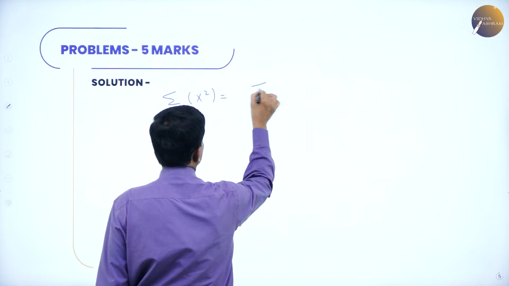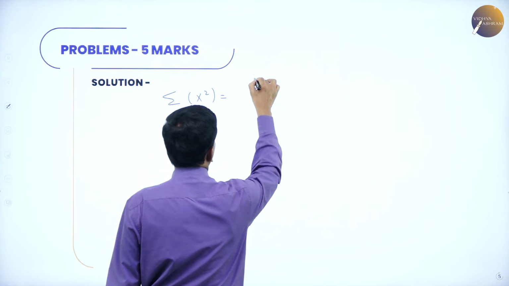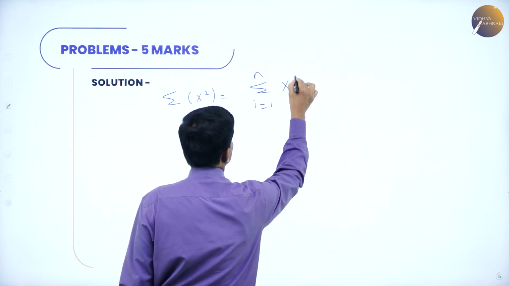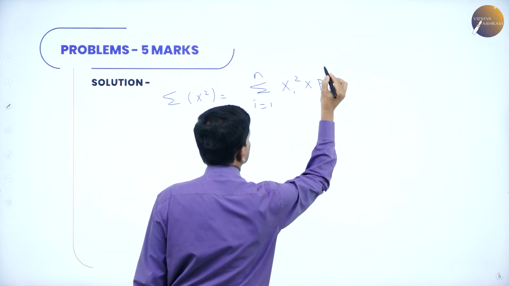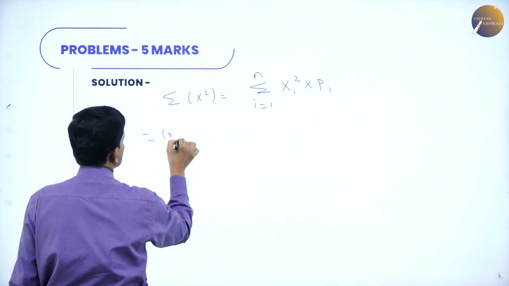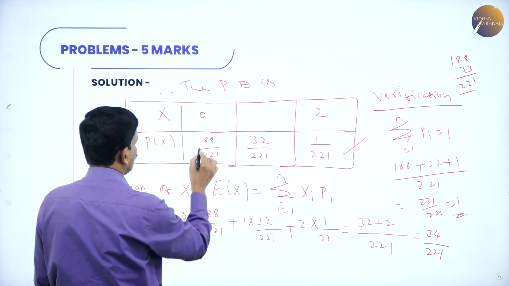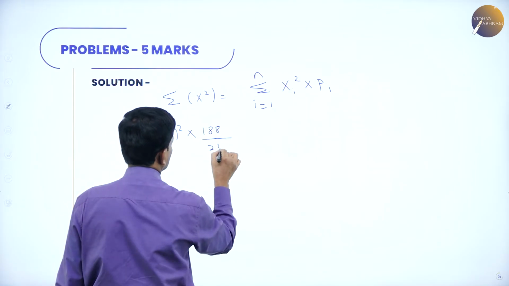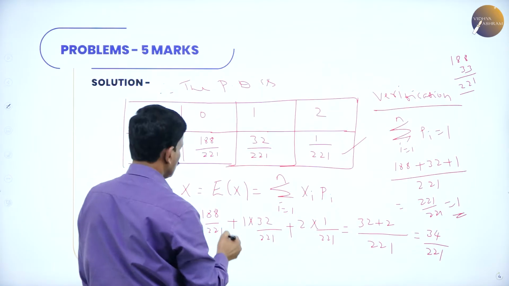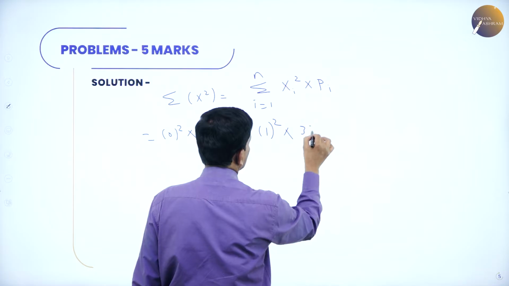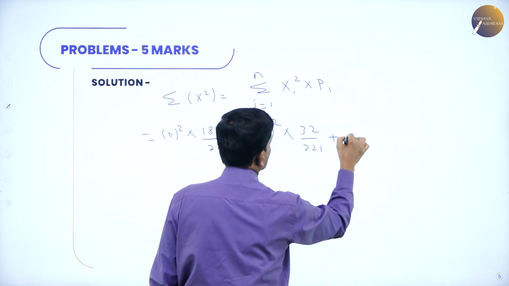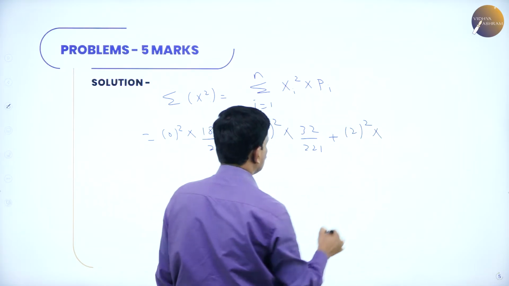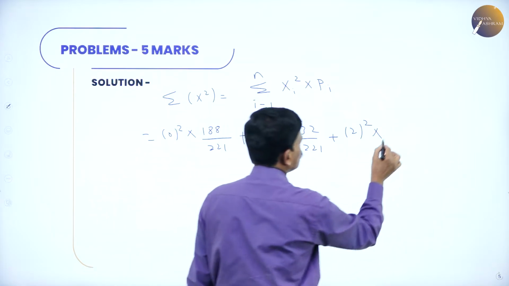Sigma x square is equal to sigma i is equal to 1 to n, xi square into pi. Now this is equal to 0 square into 188 divided by 221 plus 1 square into 32 divided by 221 plus 2 square into 1 by 221.